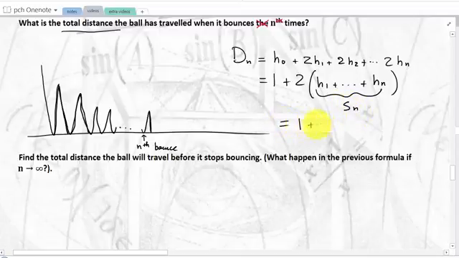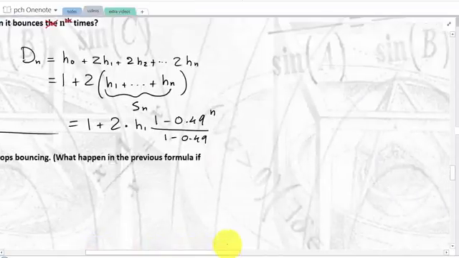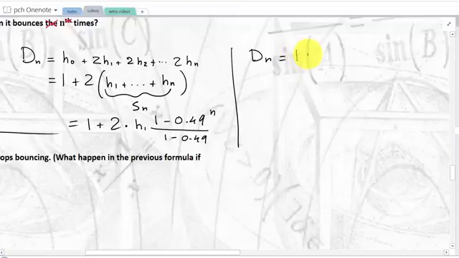So it is 1 plus 2 times, it's a geometric sum, first term times 1 minus 0.49 to the n over 1 minus 0.49. So if you simplify that, you would find that dn is equal to 1 plus 2 times 0.49 over 1 minus 0.49, which is 0.51, times 1 minus 0.49 to the n.